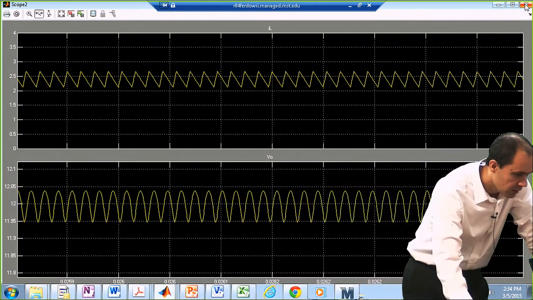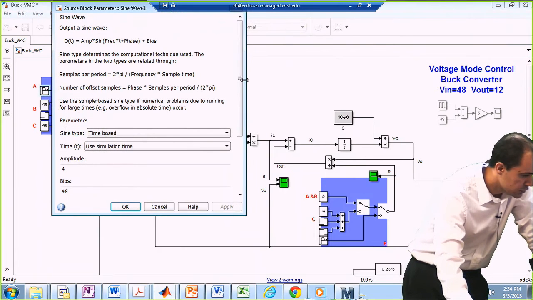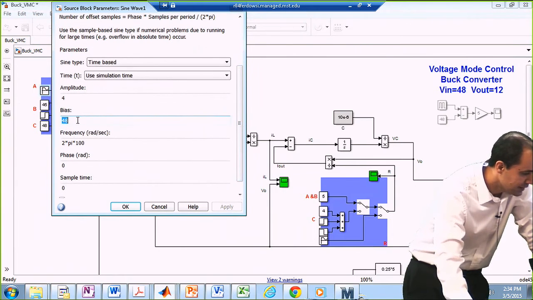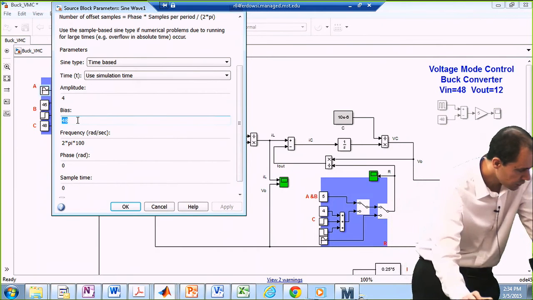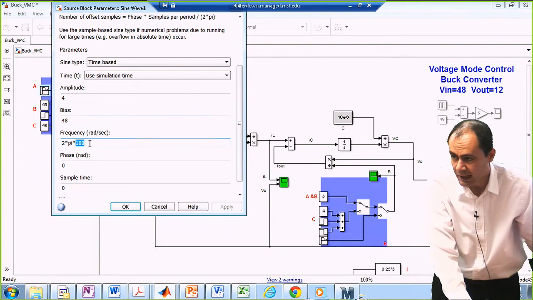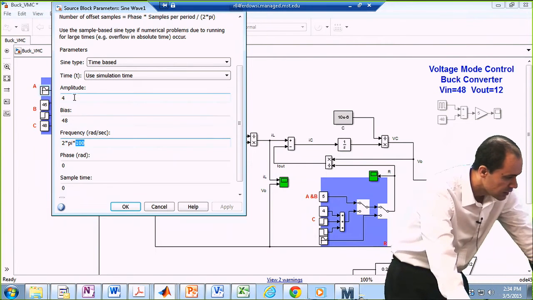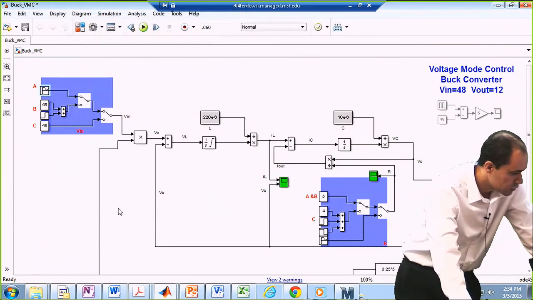Now keep this in mind and compare it with the case where I am perturbing my input voltage. My input voltage has a DC value of 48, like the previous case. But in addition to that, I have some 100 hertz perturbations added to my 48 volts with an amplitude of 4. Now let's see how my output voltage looks.